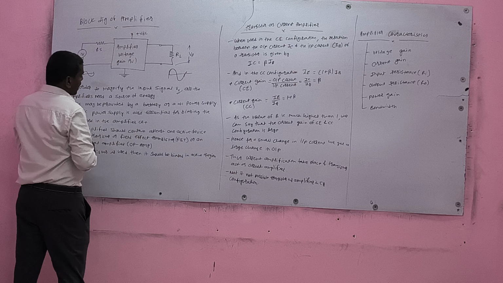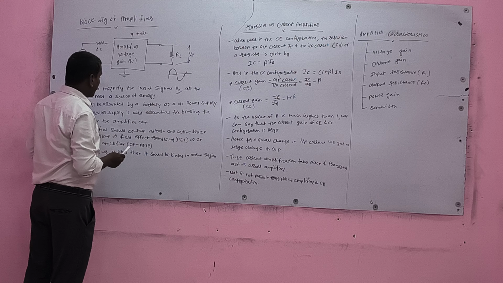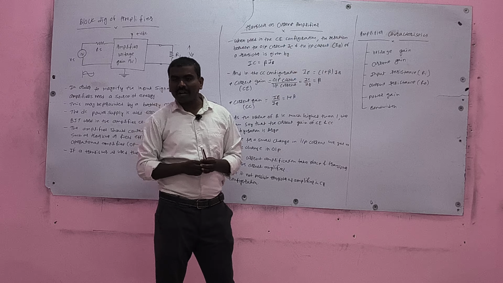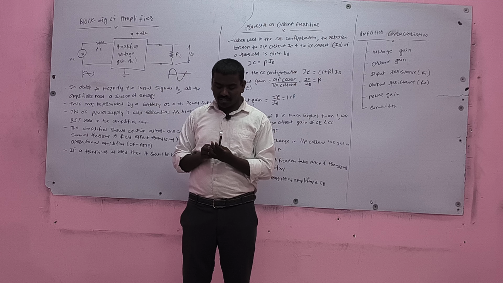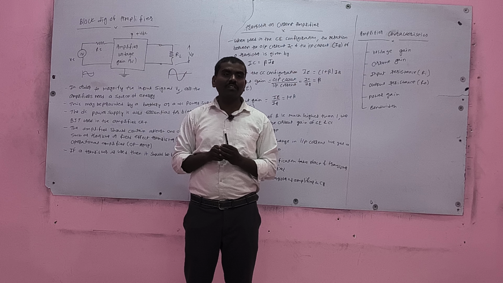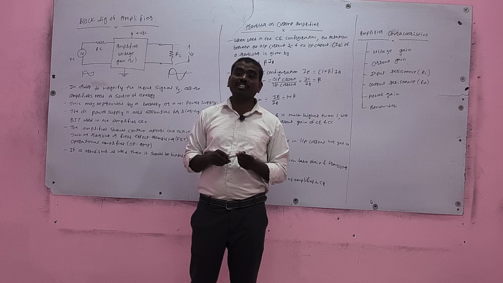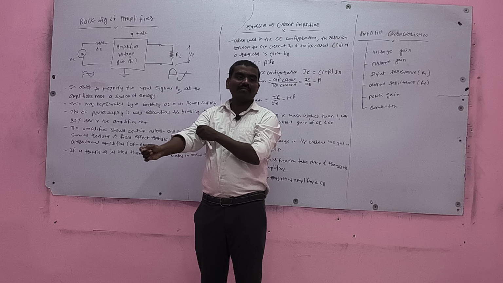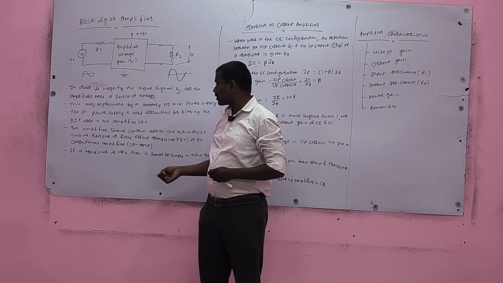The DC power supply is also essential for biasing. You know that biasing is the provision by which we can provide external supply to the BJT. So there are two types of biasing, forward bias and reverse bias.